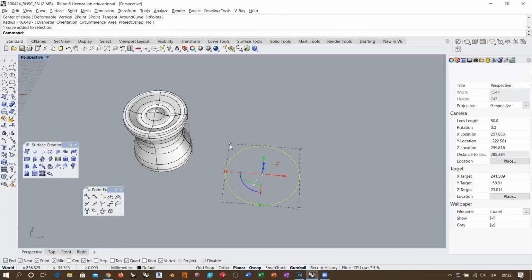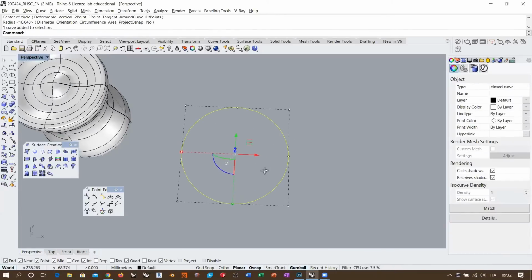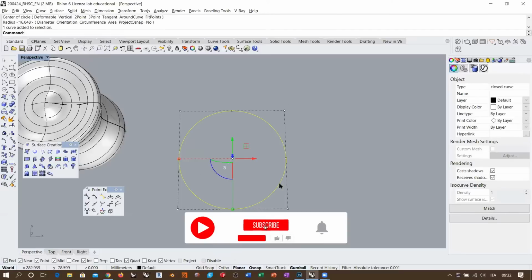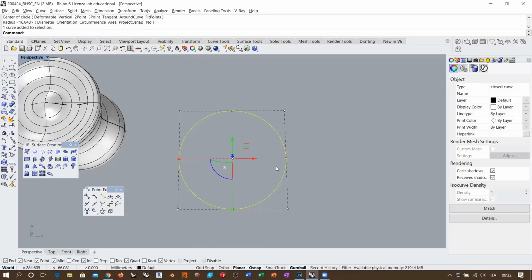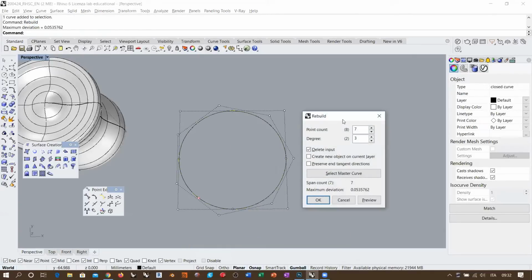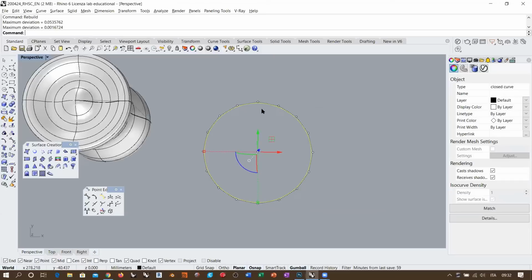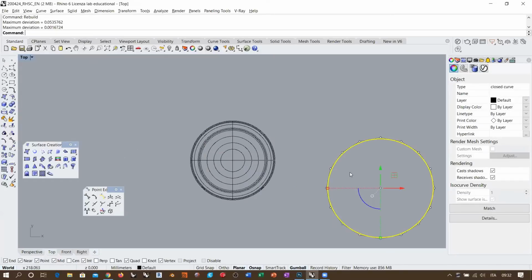Okay, so we know that this is basically a degree 2 curve, a rational curve. It's very easy to create creases or vertices along the path. Okay, but if I take this curve and rebuild it like a degree 3 curve with, I don't know, 16 control points, then I get a regular distribution of control points along the path of this line.